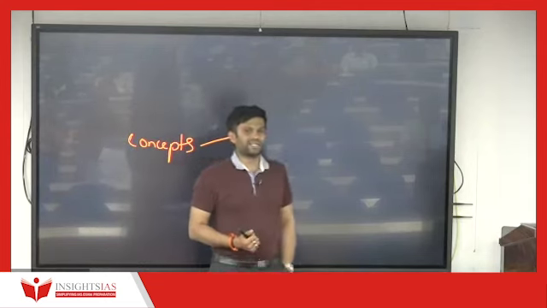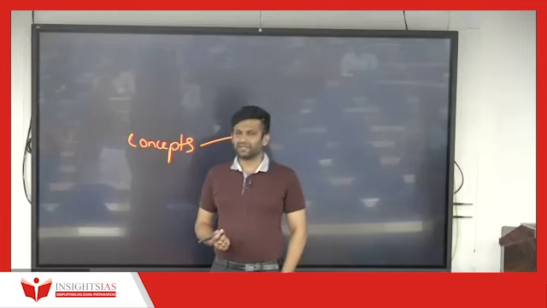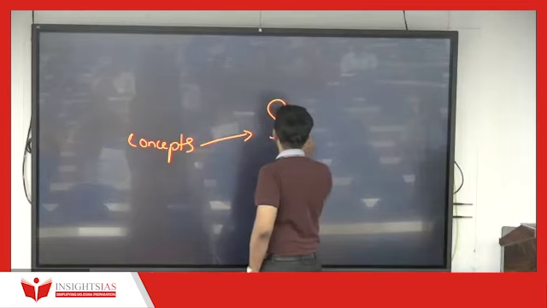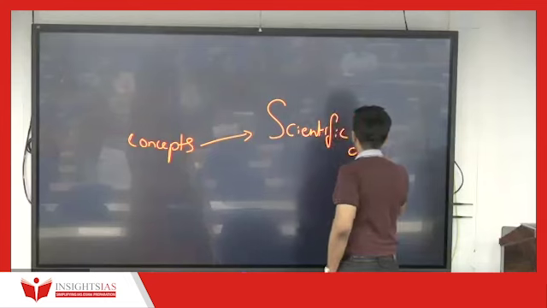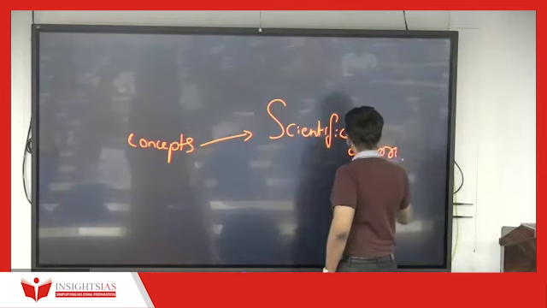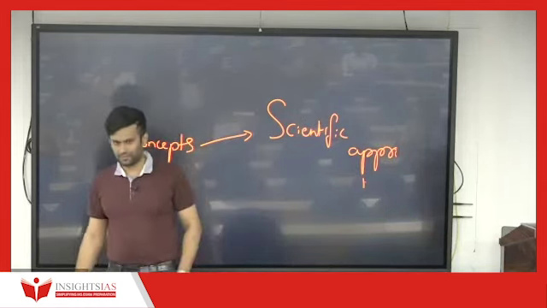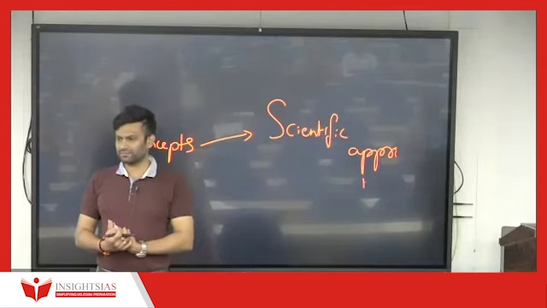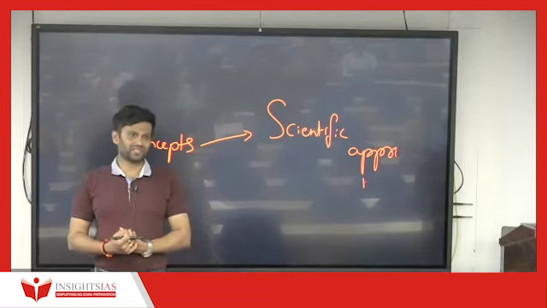We are not talking about science from a biology or physics perspective. We are speaking about a scientific approach. What do you mean by a scientific approach? It is basically a logical approach.